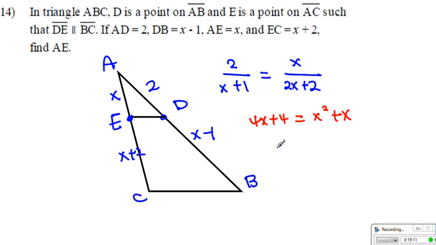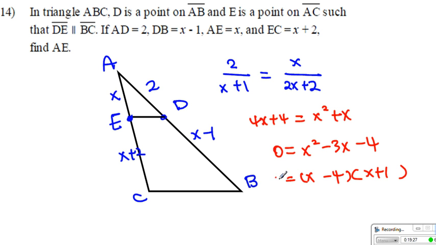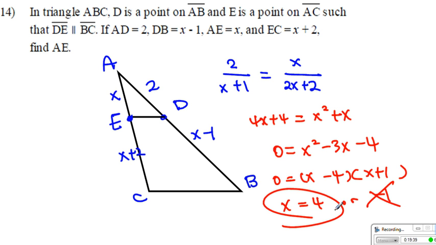Now bringing everything onto the other side, we get 0 is equal to x squared minus 3x minus 4. Since this is factorable, we have x minus 4 times x plus 1. Then x must be either 4 or negative 1, but negative 1 cannot be the dimension of the length of a side, so the only thing that will work is 4, which is AB. Alright.